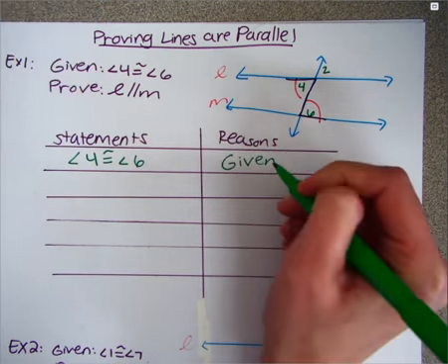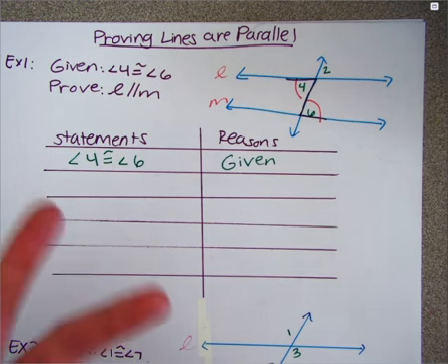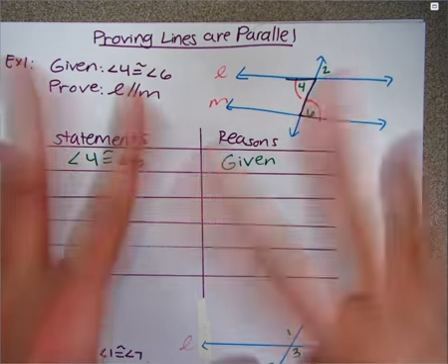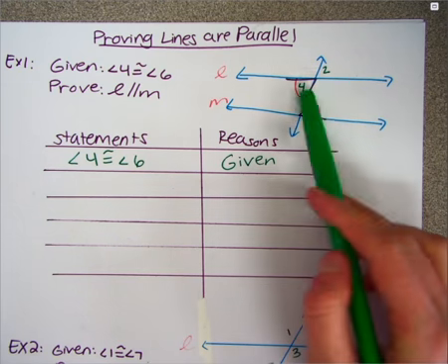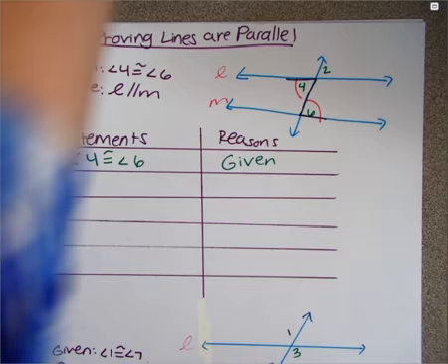All right, so I need to find a way to incorporate angle 2 to maybe eventually show that one of those nifty angle pairs is either congruent or supplementary. Do you spot any ways that I can bring angle 2 into this picture? Do you see a way it will relate to angle 4 or angle 6? I see it too, guys. I'm going to use yellow.